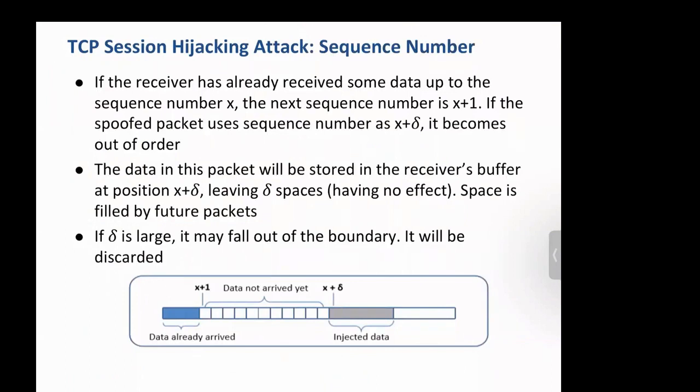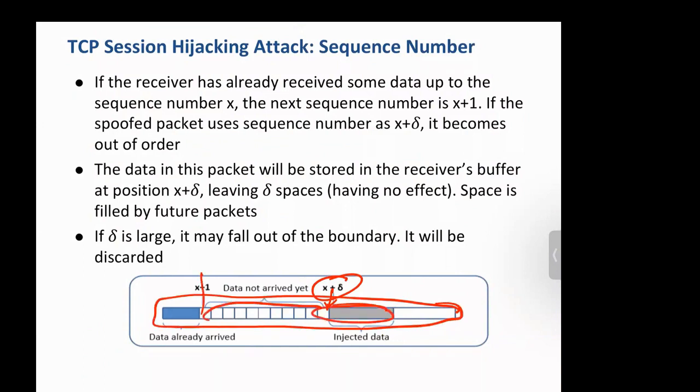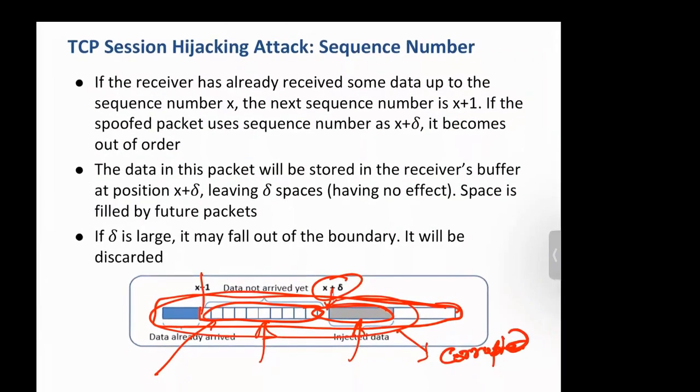If it's not able to guess properly and it says, okay, my initial sequence number is X plus delta, and if delta is reasonable, so it comes within the receiving window, then this will be accepted as injected data by the receiver, and then it will fill in the remaining ones once the sender sends the packets. It means that now this data is corrupted. So now Mallory can hijack the session here.